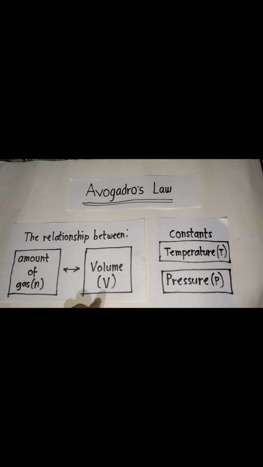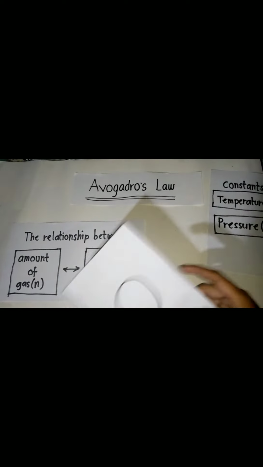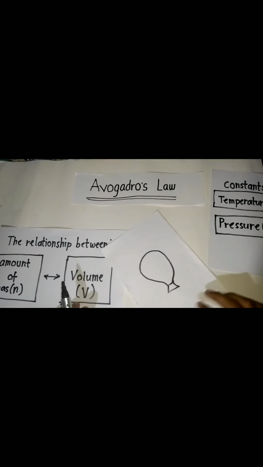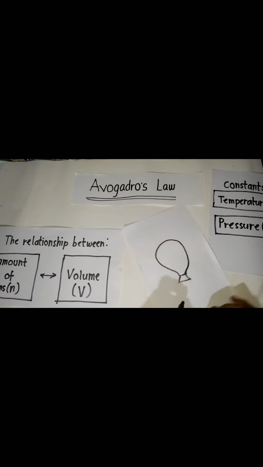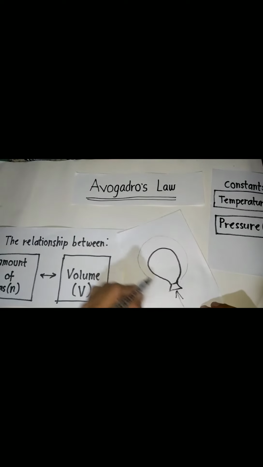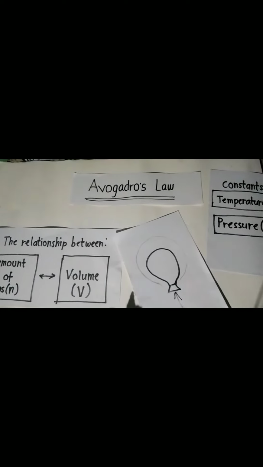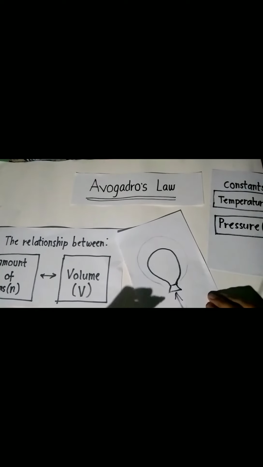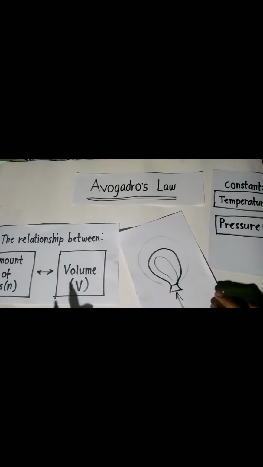One of the best examples of this is an inflated balloon. Now, if we are going to untie the balloon and put some air in there, the balloon will probably get bigger in size. And if we release some air out, the balloon would probably get smaller. So what does this mean?